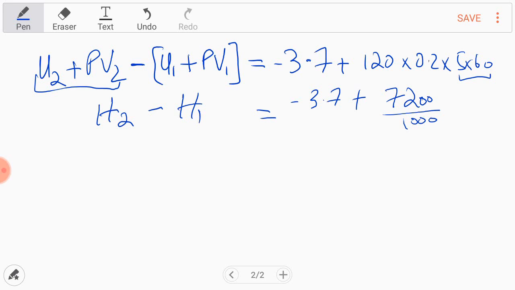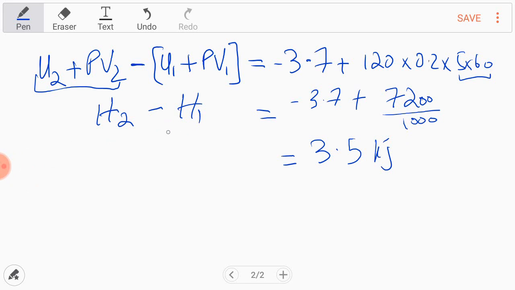And when 7.2 minus 3.7, it gives the answer of 3.5. So we get the answer 3.5 kilojoules.